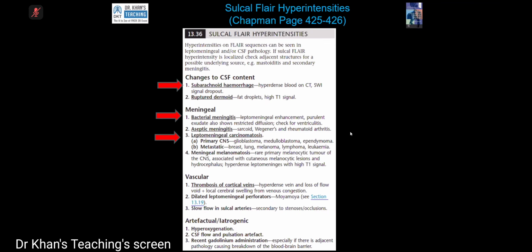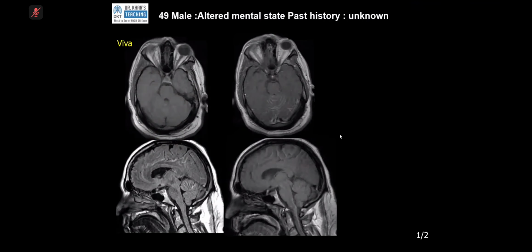This is a very, very important case for the exam. So what will happen usually is that they will show you a FLAIR sequence. Now, this is a FLAIR sequence where you can see that there is high signal. And when you see high signal like this, the next thing is ask for a contrast. And this is what they are expecting.